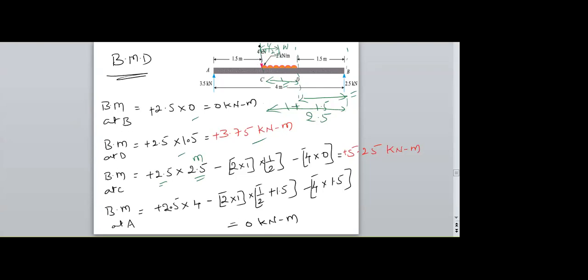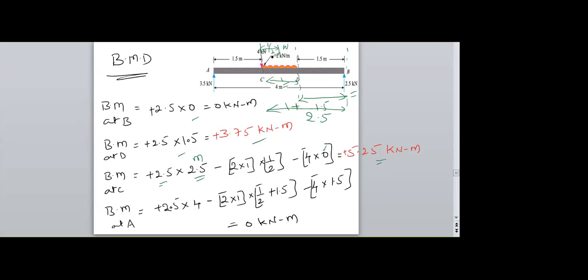Next point load is the 4 kilonewtons. 4 into, it is passing through C, therefore it is 0. So I am getting this value. Next, at A, 2.5 and the distance is 4. Next, UDL, that is 2 into 1.